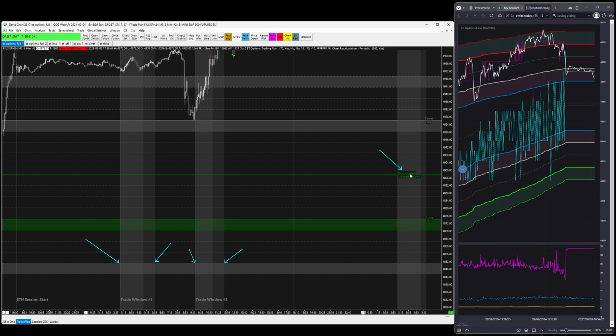But to know what the dealers' sentiment will be for the next upcoming session, we need to get this blue line here and read it at the end of the session, at the end of the US session.